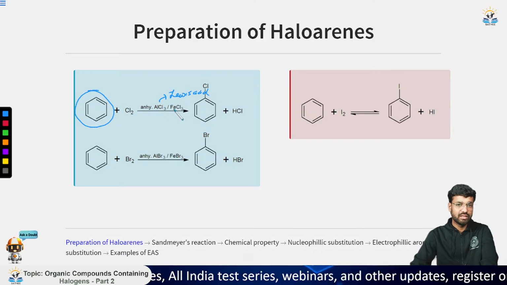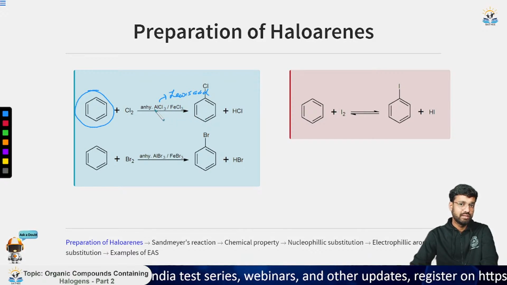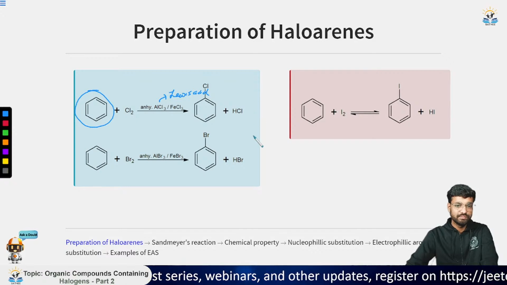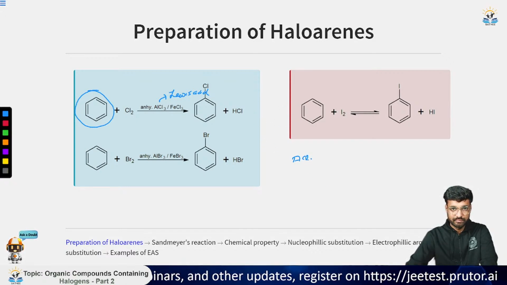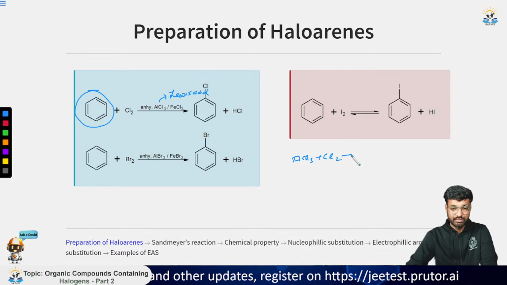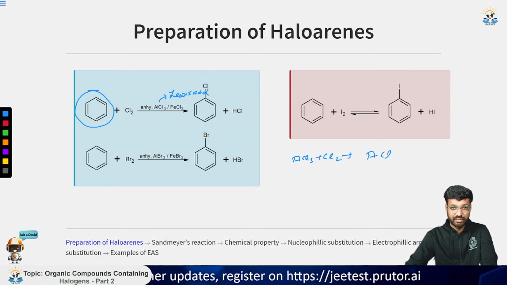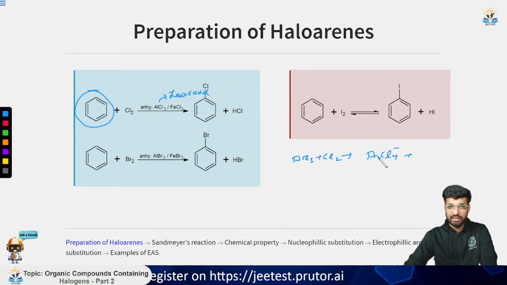First of all, this AlCl3 or FeCl3 reacts with Cl2 to form AlCl4 minus and this Cl plus.